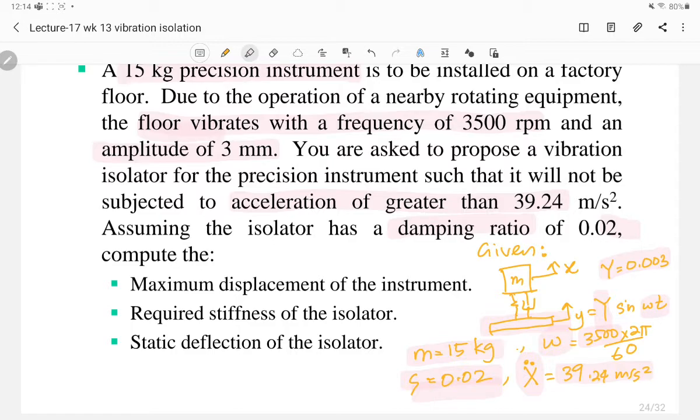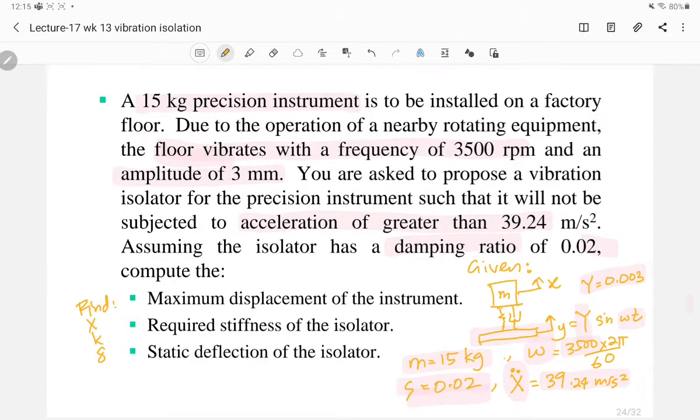And we also list out the things that we want to find. There are three things. First, the maximum displacement of the instrument.